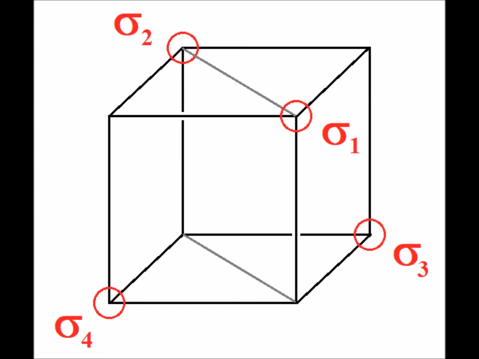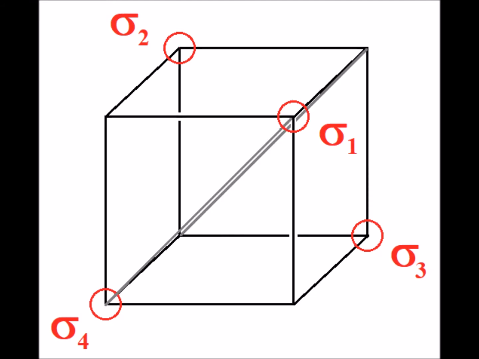Notice that each mirror goes through 2 opposite edges of the cube and bisects opposite faces of the cube. In this and the next 4 diagrams, please see the remaining dihedral mirrors in the point group.